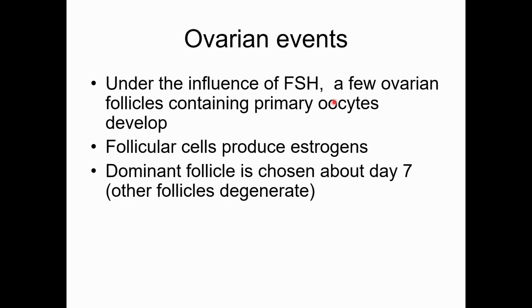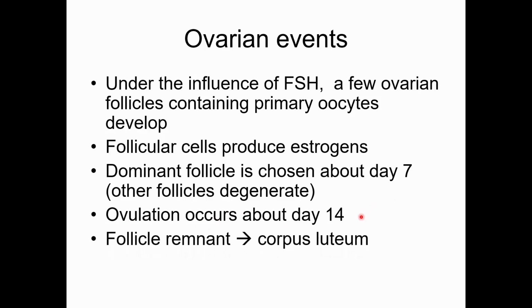But about day 7 of a 28-day cycle, one follicle emerges as the chosen one. That's the dominant follicle. Other follicles, they may stop and wait till the next cycle, but a lot of the follicles just degenerate. If the cycle's 28 days, ovulation is going to occur around day 14. And what's left of the follicle, because remember, just the inside, just the oocyte with a layer of cells is going to be ovulated.